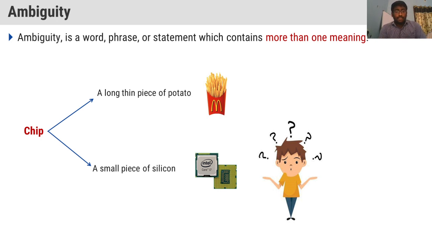And Mamata can understand this as silicon chip, that is processor. I have made you very clear here with the diagrams. So that's why we have confusion when a particular word or statement gives two meanings. This is called ambiguity.